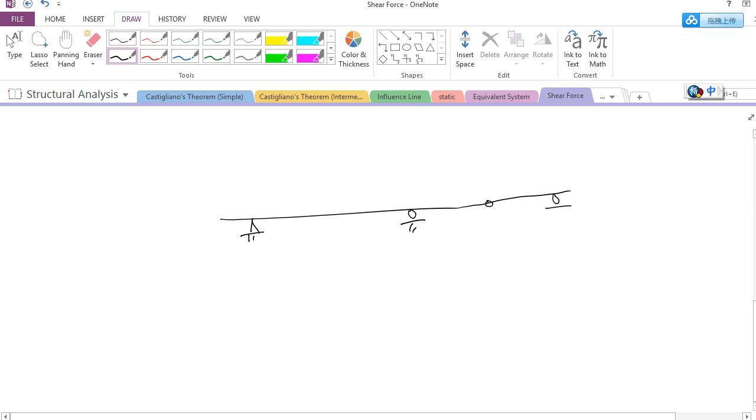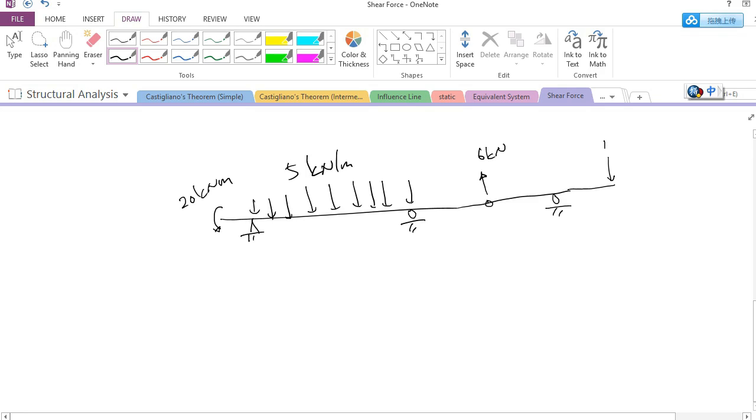Let's say I have a uniformly distributed loading of 5 kilonewton per meter, and then I have a moment here, 20 kilonewton meter, and a loading pushing upward, 6 kilonewton. Let's draw it a bit longer, and then I have one loading here, 10 kilonewton.